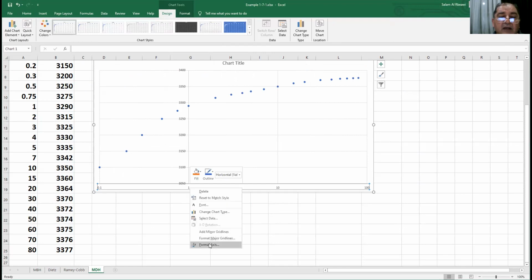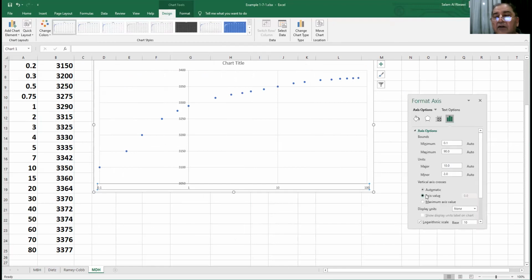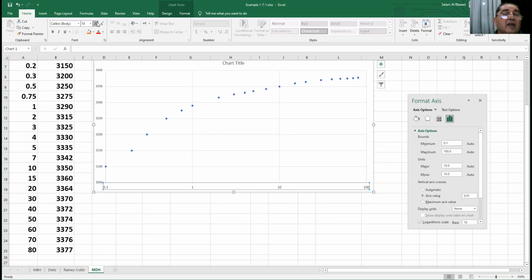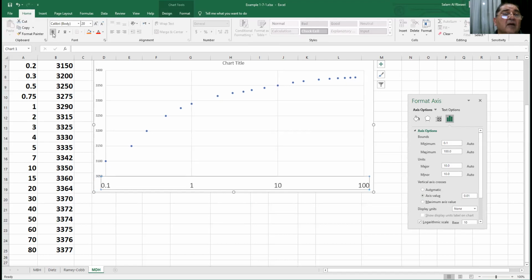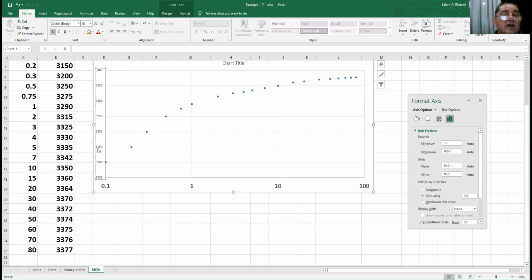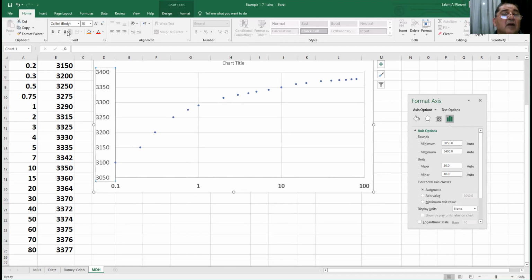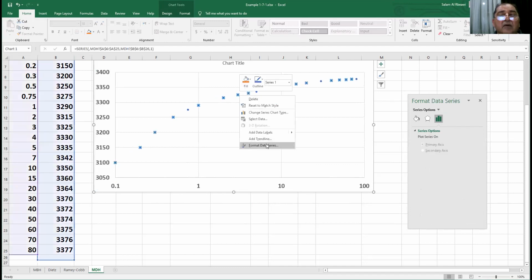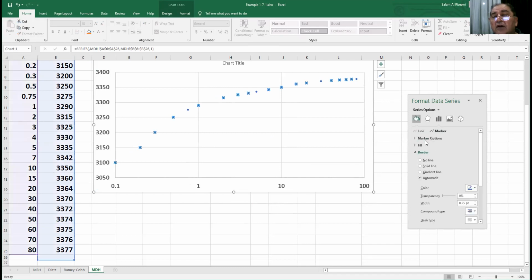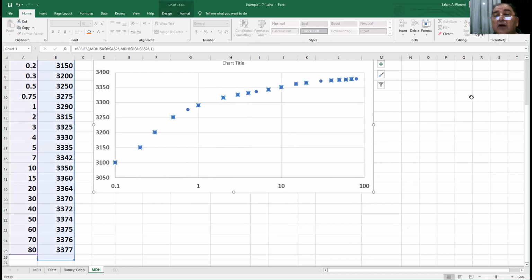Now we're going to organize our plot. This is what we have, and we are going to make the markers bigger, and I'm going to increase the mark options here. Good.